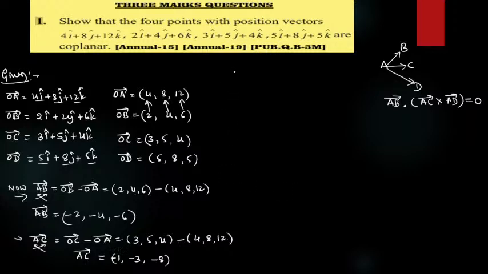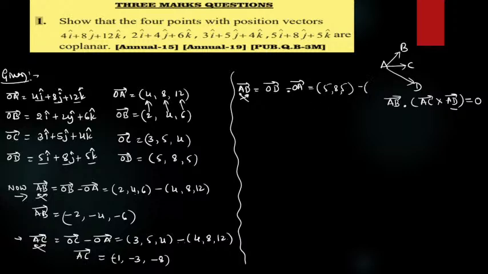Similarly, you need to find another vector, that is AD here. AD can be written as OD minus OA. So write the OD points, that is 5, 8, 5 minus the OA points, that is 4, 8, 12.